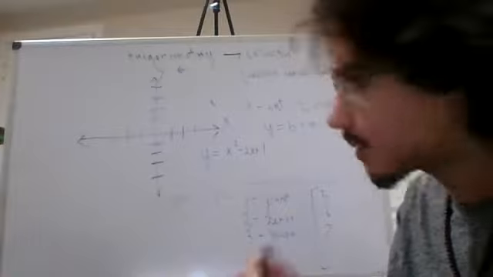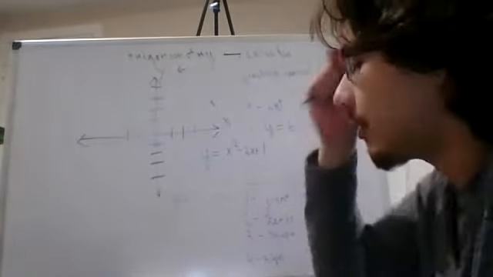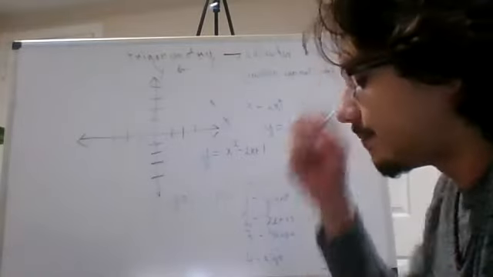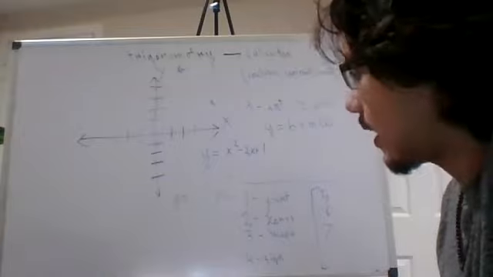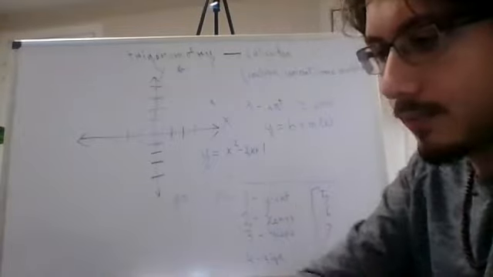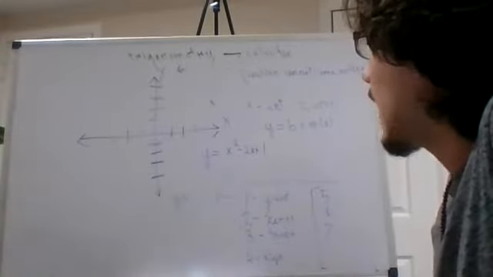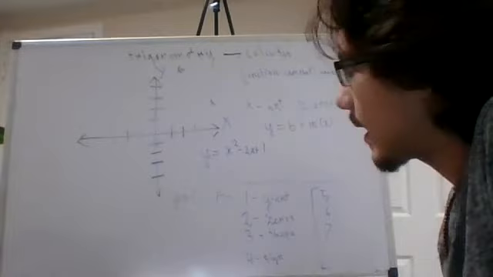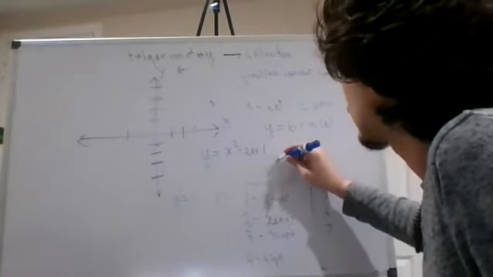Yeah, that'll have to be a concept that we go over later. But one thing that we can do is say that the x-intercept is when the y is 0, correct? Yes, sir.